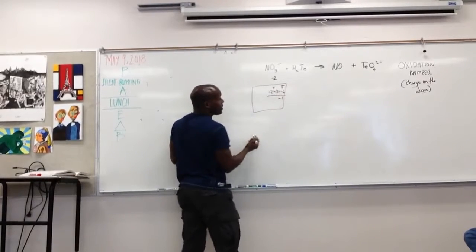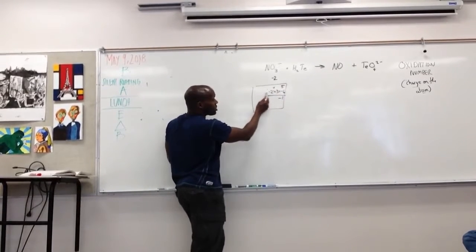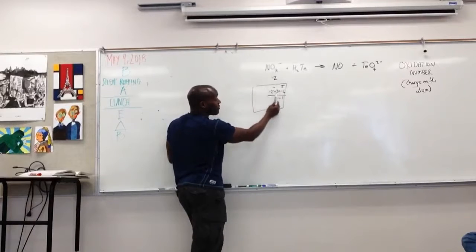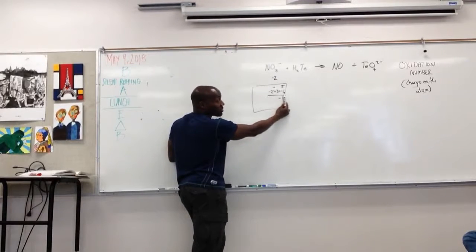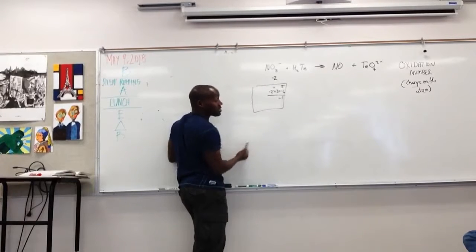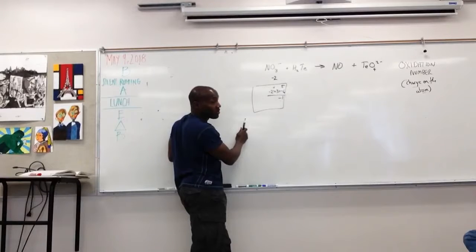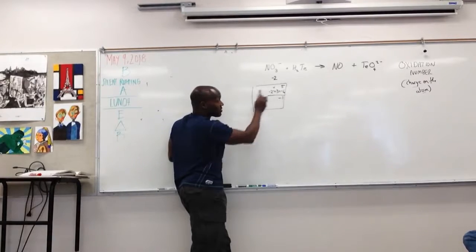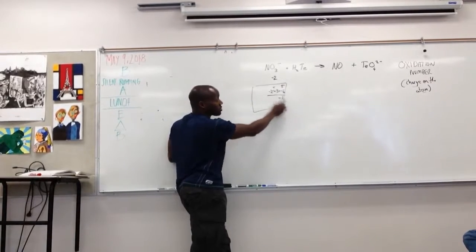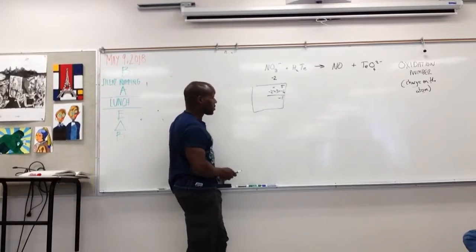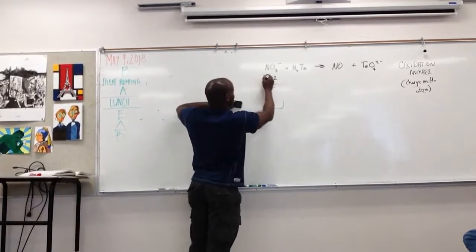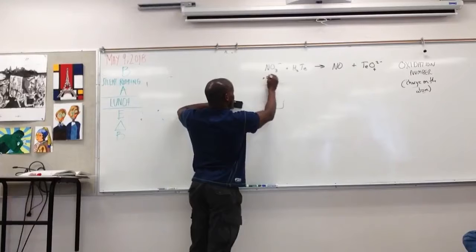Yeah, so just to reiterate, each oxygen is -2, and there are 3 of them for a total charge of -6. The total charge on the species has to be -1. That implies that the nitrogen is +5, so that it adds with the -6 from oxygen to make a total of -1. Okay? So that works out. So you're going to identify nitrogen as being +5 in its oxidation state.